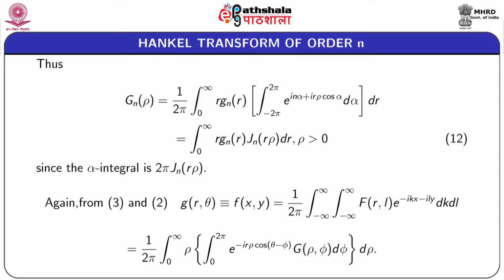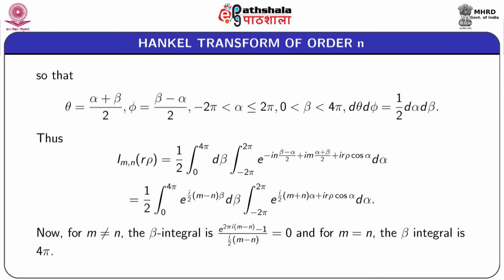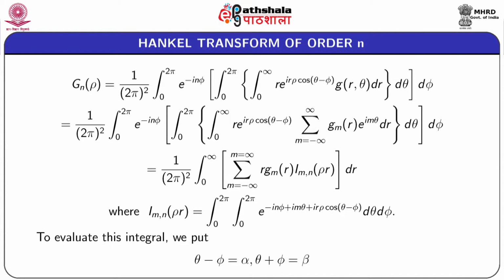Thus, with this simplification, capital G n rho equals 1 by 2 pi integral from 0 to infinity r g n r, integral from minus 2 pi to plus 2 pi e to the power I n alpha plus I r rho cos alpha, d alpha, dr. Here we have simplified I mn and we substitute in the expression for capital G n rho.